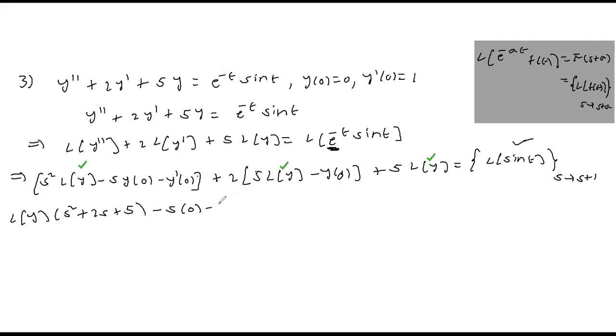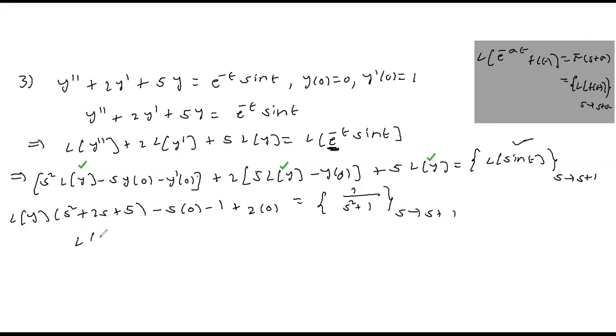Y dash of 0 is 1, minus 1, plus 2 into y of 0 is 0. That's it. Equal to Laplace of sin t is 1 by s square plus 1, shift s to s plus 1. Do you agree? So this is 0, this is 0.